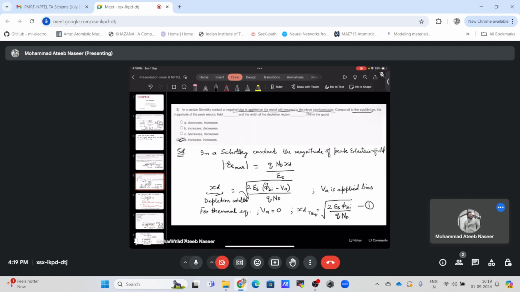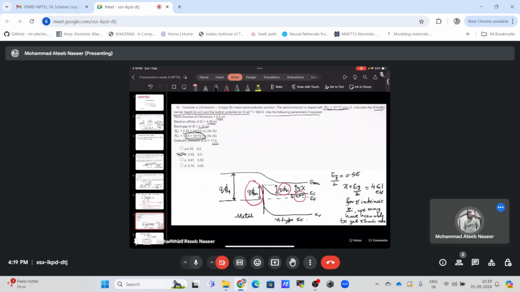Then we solved for the metal Schottky contact under the reverse bias case, and we found out that the electric field and the depletion width both increase when the negative bias or reverse bias is applied to the Schottky contact. As compared to the thermal equilibrium, both were greater than the thermal equilibrium case.